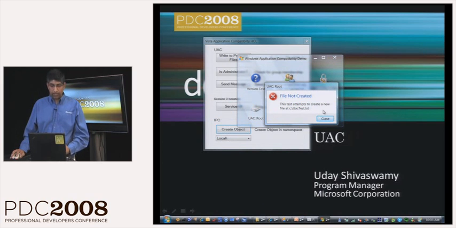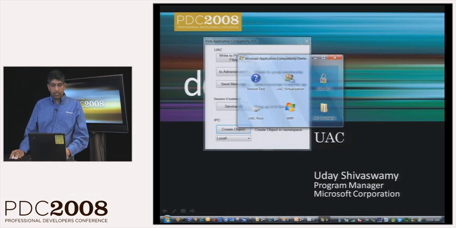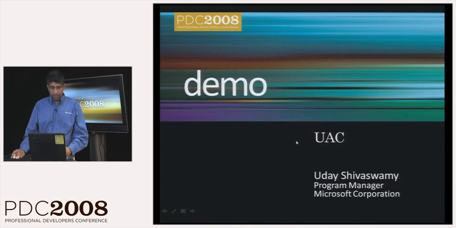Again, there's no access because this application knows about all the various parts about UAC, and applications that declare themselves to know that they can run in a Windows Vista or Windows 7 environment will actually not get any of the file and registry redirection. What this does is help applications behave properly and get the right kind of behavior under the declarations that they've made in their manifest and how they've written their applications.